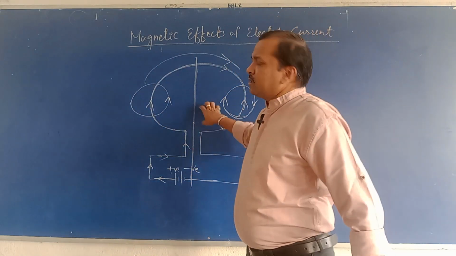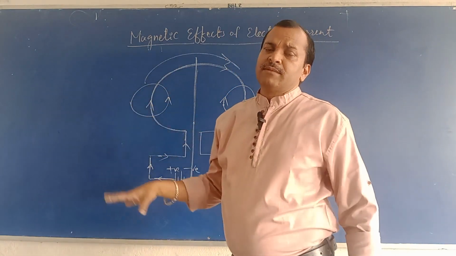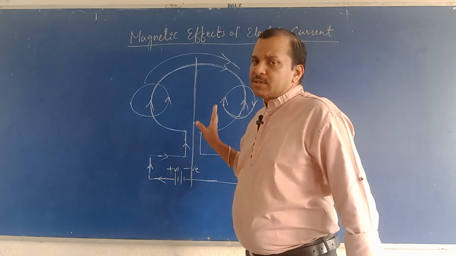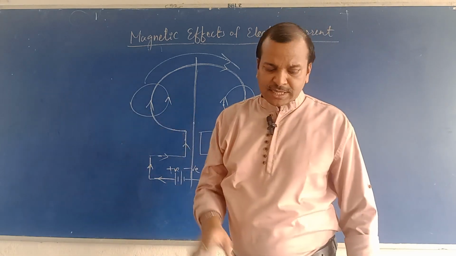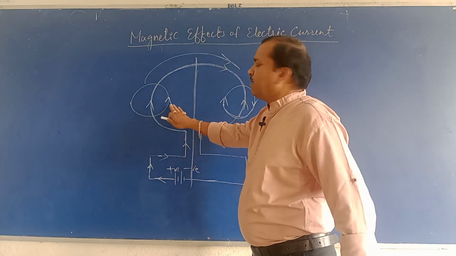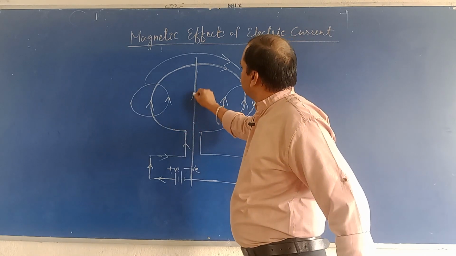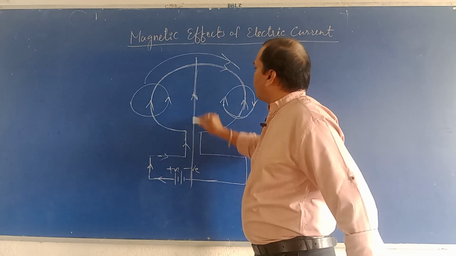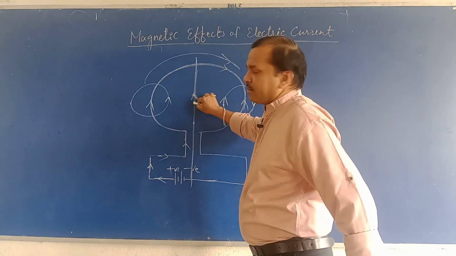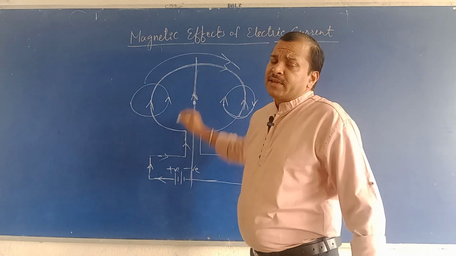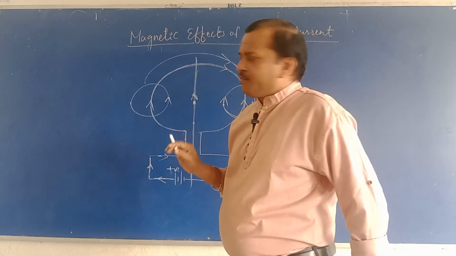Out of these two, one question will definitely come, but make sure you give the arrow marks, otherwise you will not get any marks. One question might come: what is the magnetic effect here? Here the magnetic effect will be very little, it is 0.